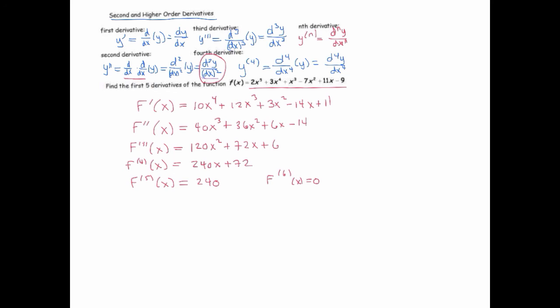Because the derivative of 0 is 0, so the 7th derivative is going to equal the 8th derivative, it's going to equal the 9th derivative, it's going to equal 0 for all n bigger than or equal to 6. All right, so there's some notation you'll want to try to adopt and use correctly as you're doing your calculus problems.